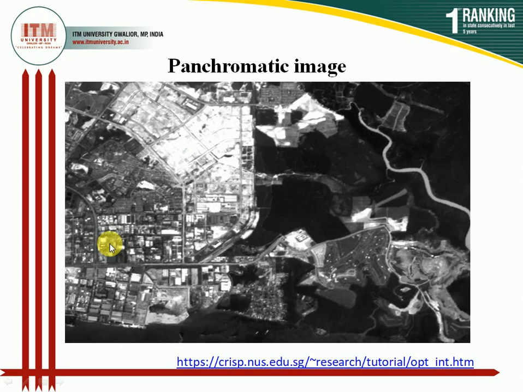Black and white images were taken in earlier times, when color images were not taken and the sensors were not developed enough to capture images in color. The images taken in black and white are called panchromatic images.